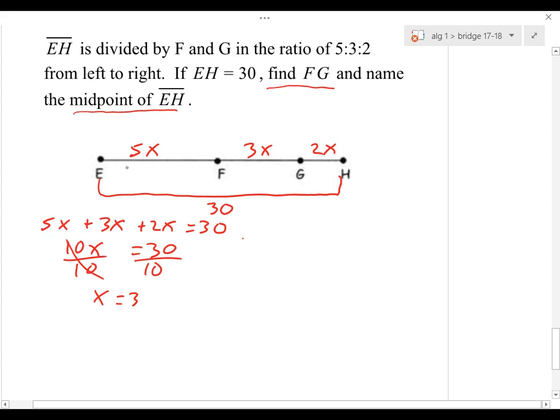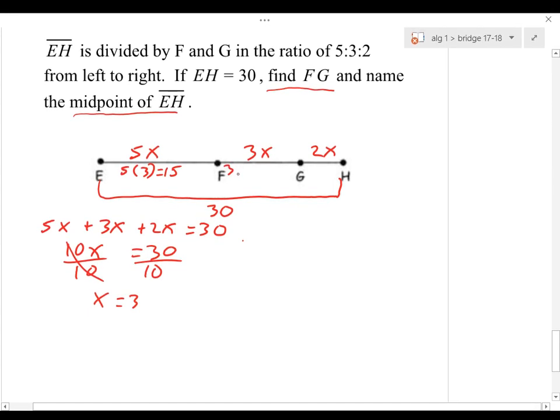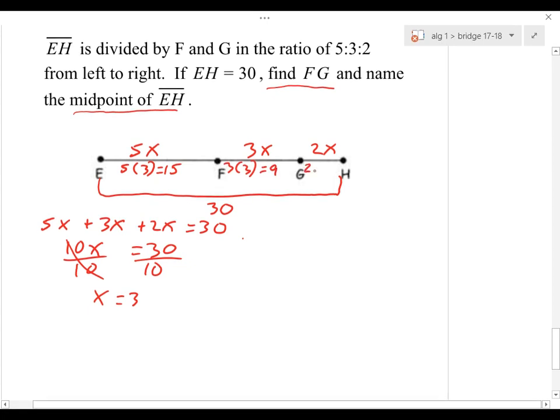So 5x would be 5 times 3, which is 15. 3x would be 3 times 3, which is 9. And 2x would be 2 times 3 equal to 6.